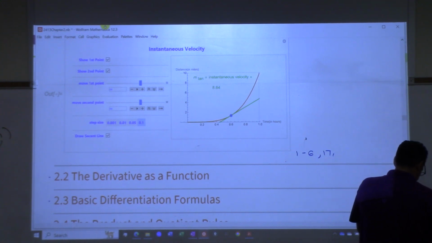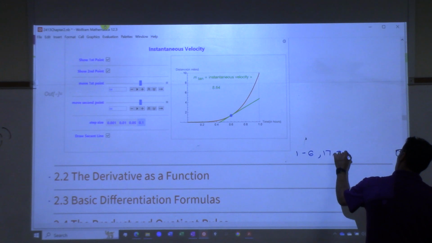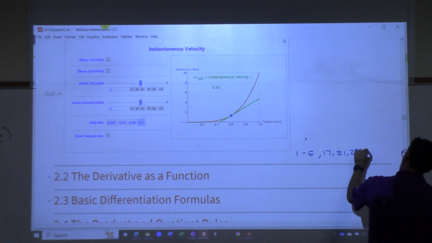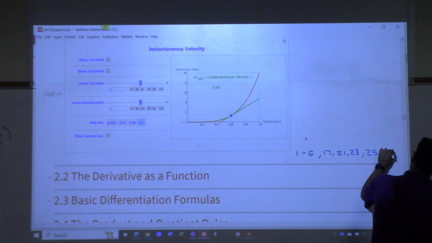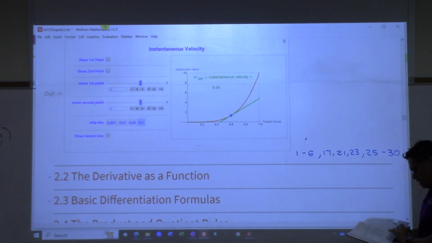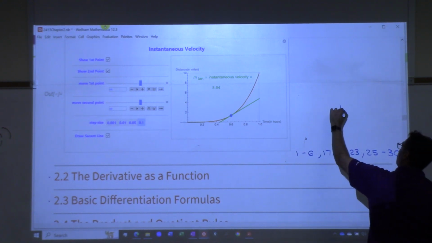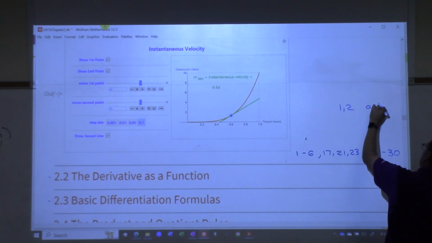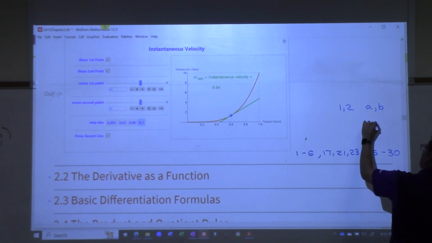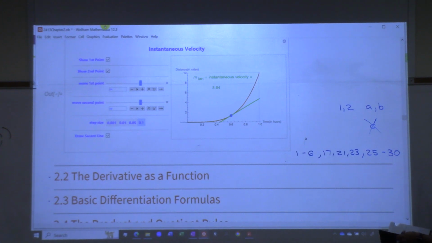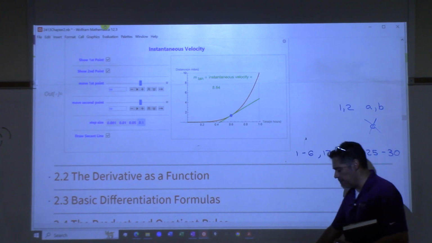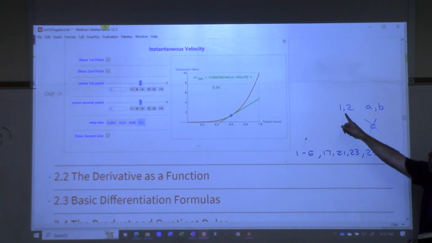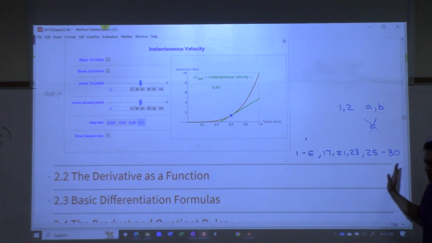Seventeen, 21, 23, 25 through 30. Now, on problems 1 and 2, only do parts A and B. There's parts A, B, and C. For part C, don't do part C because they're asking you to use a graphing calculator to graph. You don't need to do that. If you'd like to, go ahead. Go to Desmos, graph something. But for 1 and 2, only do parts A and B, and then this is the complete assignment.